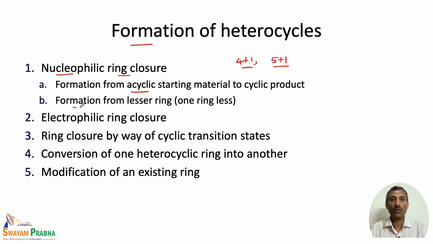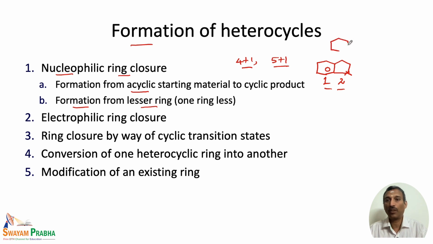Another one is formation from a lesser ring. That means one carbon less, or maybe there are a couple of other ways by which we can form it. If we have a 5-membered or a 6-membered ring, there is also another 5-membered ring with the heteroatom formed. So in this particular case, a bicyclic system, that means we have ring 1 and ring 2, two ring systems, can be formed from a monocyclic system.